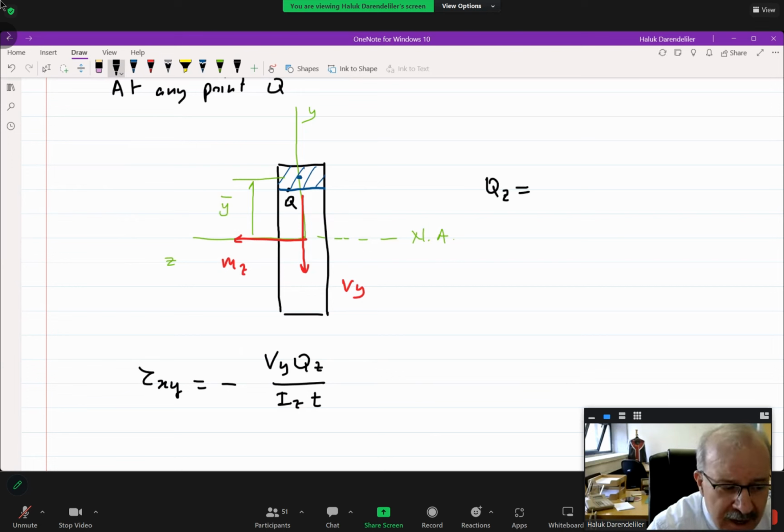What is the area? It is A. What is the centroid? Y bar. Now this is Q.